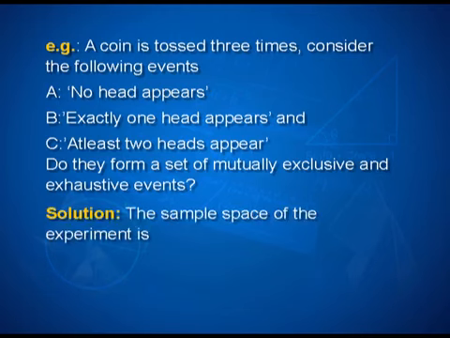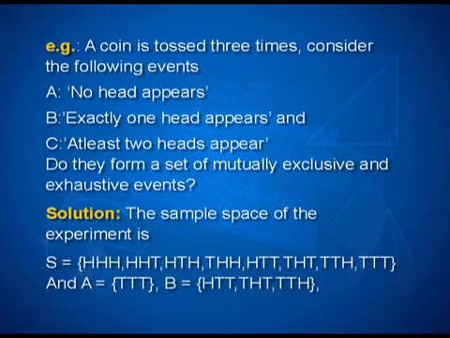The sample space of the experiment is S = {HHH, HHT, HTH, THH, HTT, THT, TTH and TTT}, and A = {TTT}, B = {HTT, THT, TTH}, and C = {HHT, HTH, THH, HHH}.